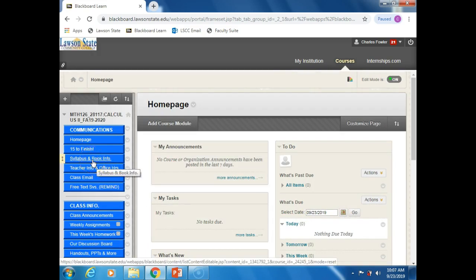The syllabus and book information is in this tab here. The locator card is in that tab. Go down here to handouts, PowerPoints, and more. I don't know if you can see it because of that. Okay, so click on that.